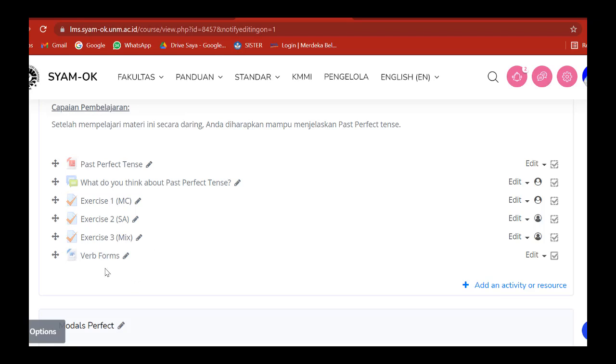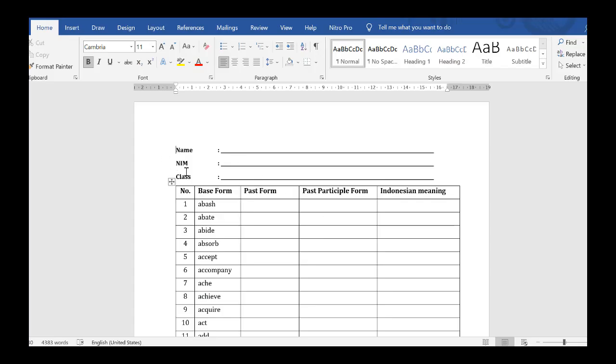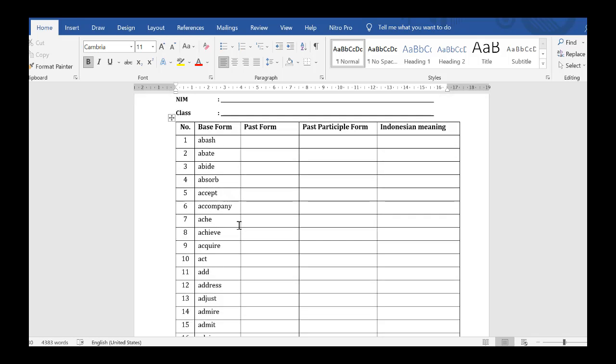And then the verb forms. So in verb forms, I'm going to show you. You have to print this out. Okay, you have to print and then write down your name and class, and then start writing with your handwriting.